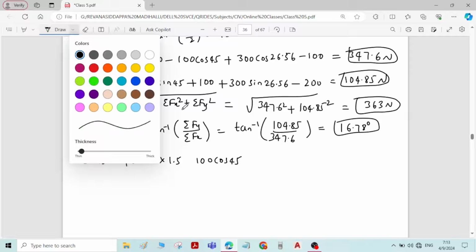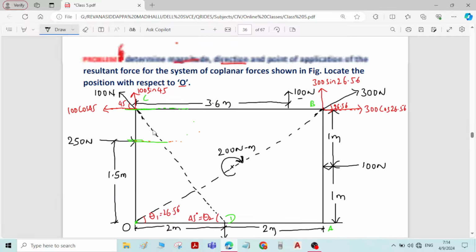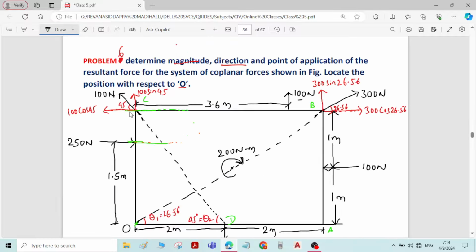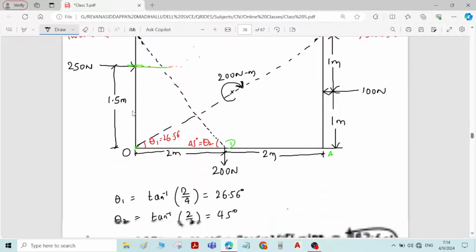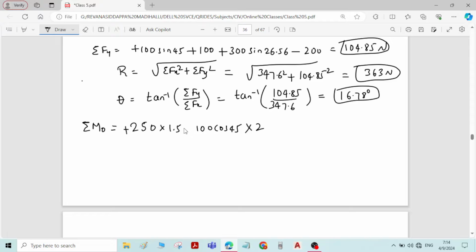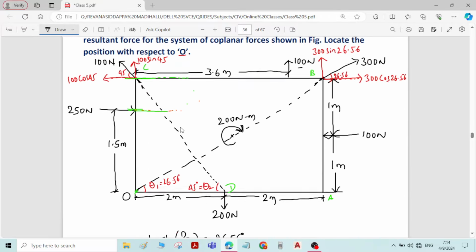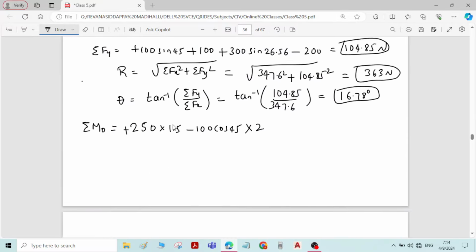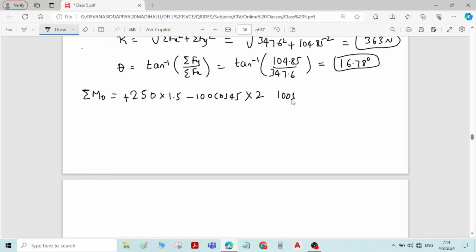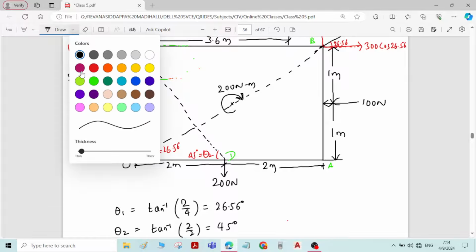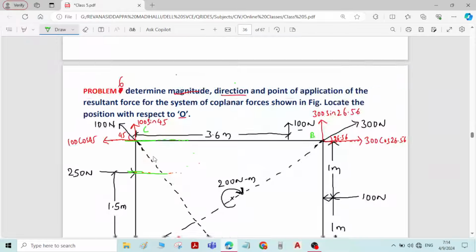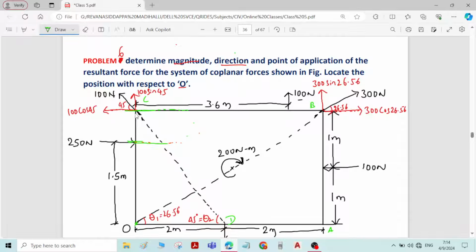About point O, if you apply this leftward force at this corner, the plate will rotate in anti-clockwise direction. Sign is minus. Now you take vertical component 100 sin 45 into, if you draw the line of action of 100 sin 45 force now, so this is the line of action.